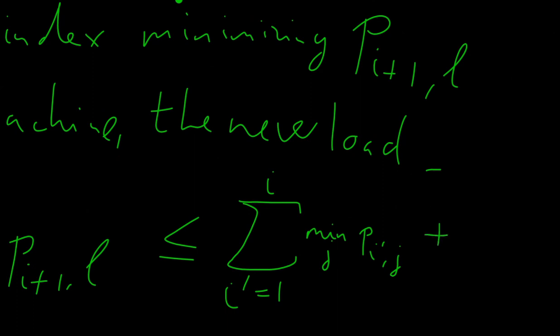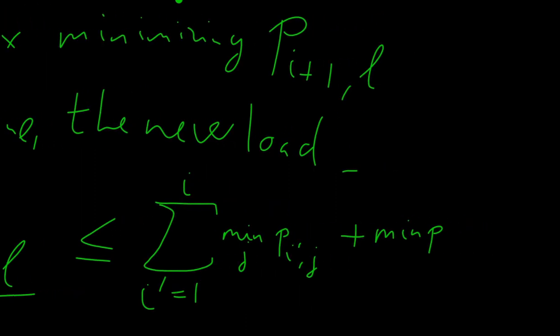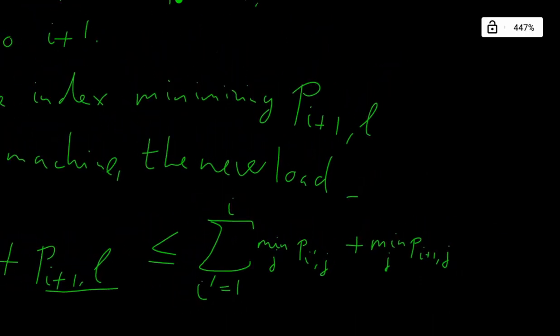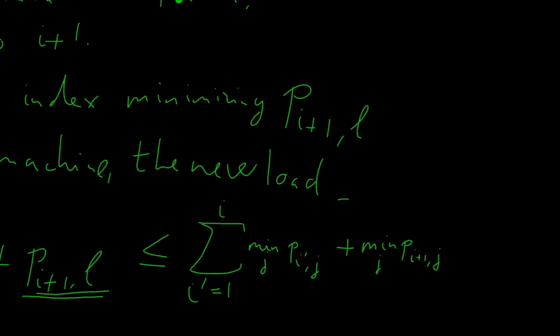plus this guy here, p_{i+1,l}, since l is the one minimizing the current job's cost, this is the same as the minimum of these guys. So l is just defined to be the j for which p_{i+1,j} is the minimum. So this is the same.